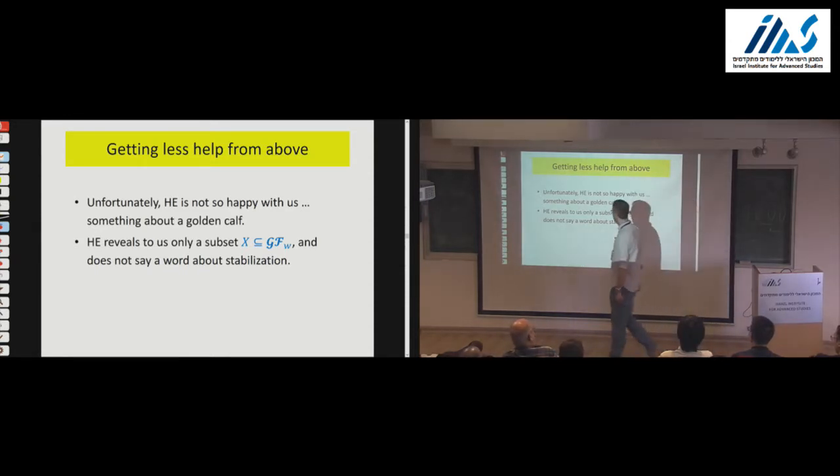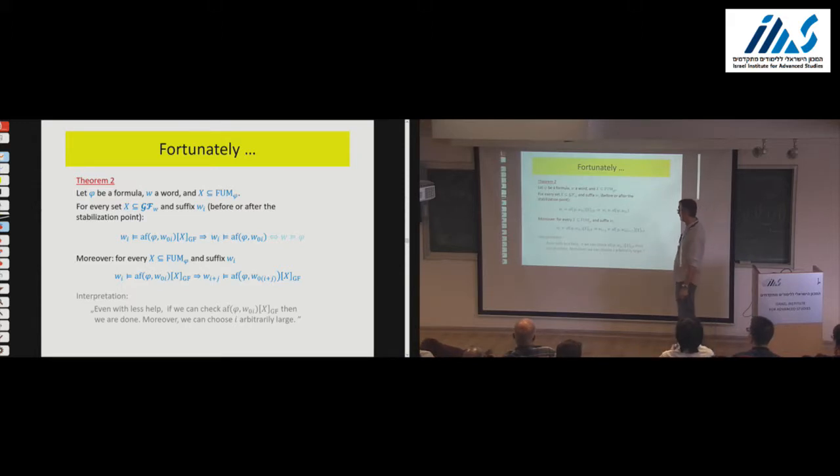Okay. Well, can we still use the formula we just computed a moment ago? Well, the idea is, yes, we still can get something out of it. The theorem that we get is this one: if this formula we computed holds, then this formula will hold.